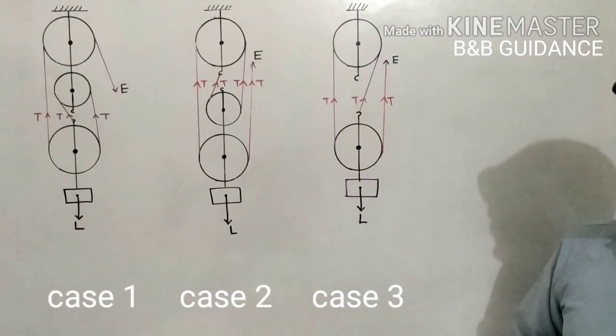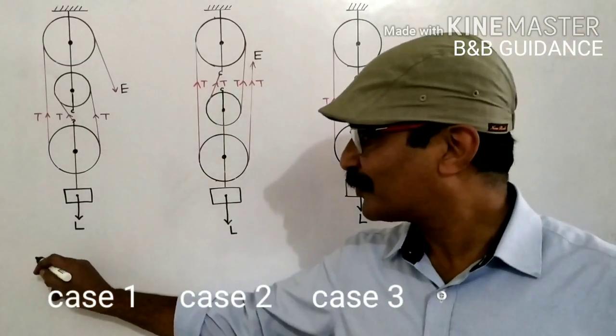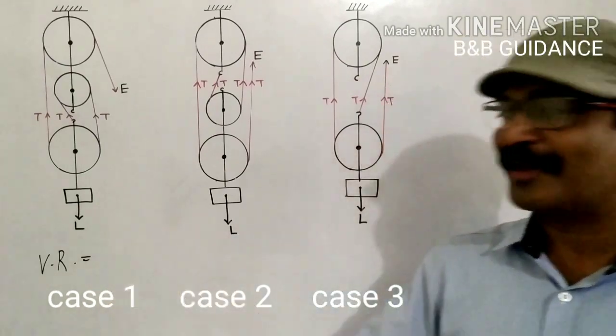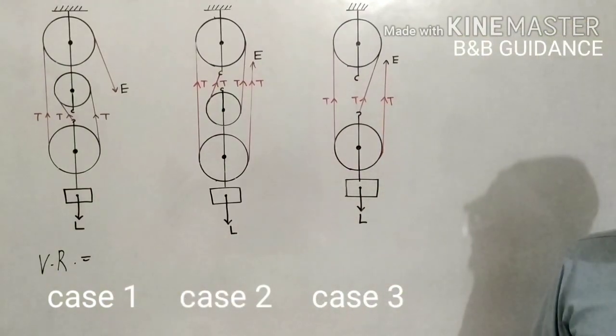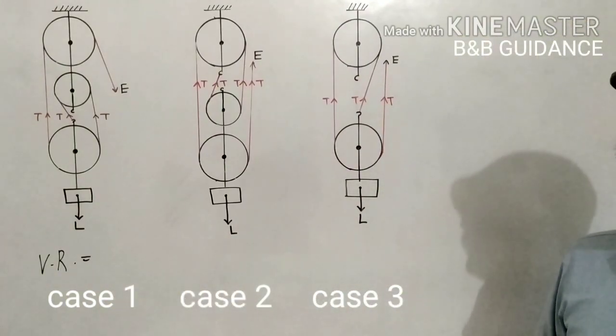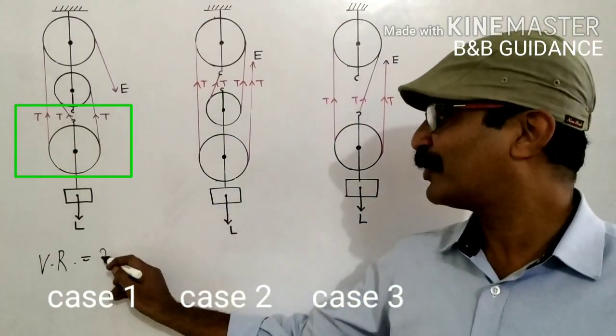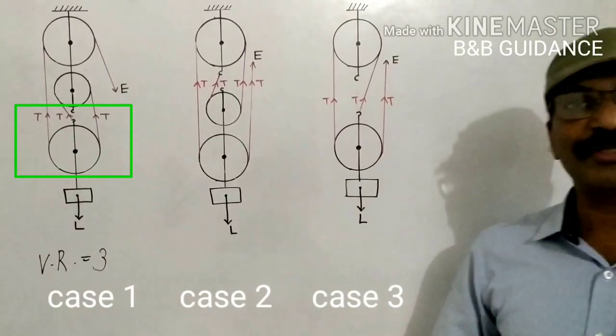It is easy to find velocity ratio here. Velocity ratio is same as what? Number of strands supporting the load. Here 1, 2, 3 strands are supporting the load. Velocity ratio is 3 there.